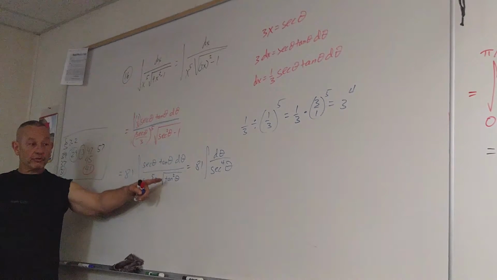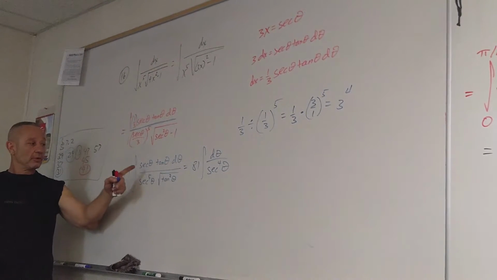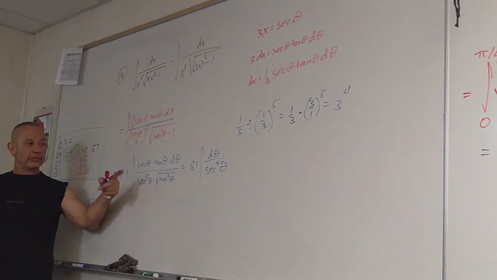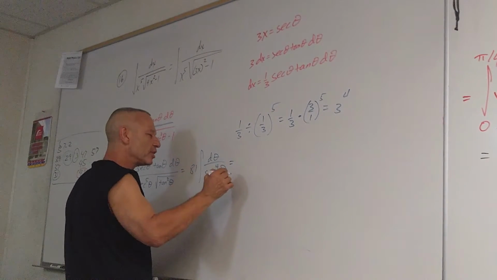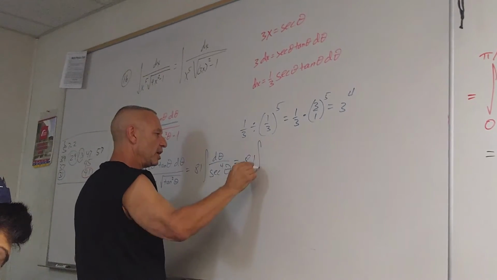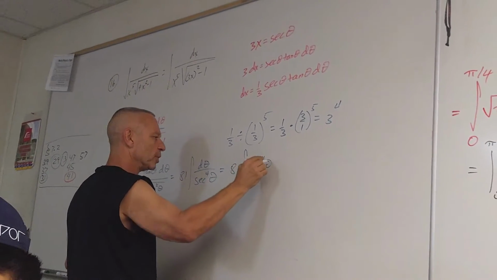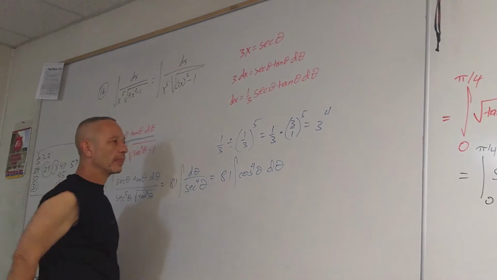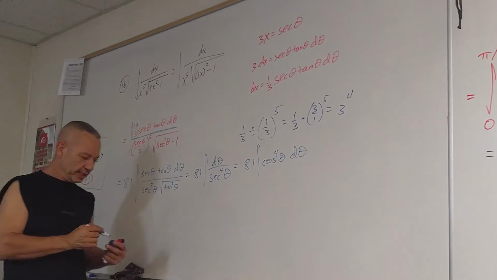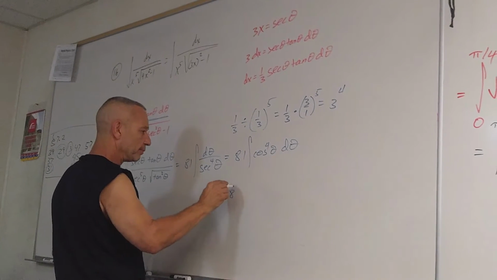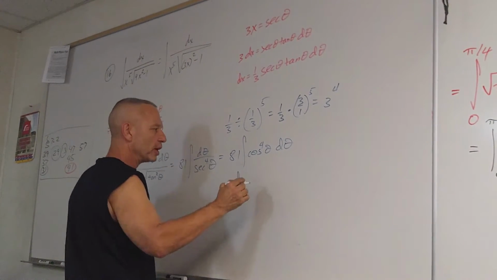After all, the tangents here cancel. Secant to the 1, secant to the 5th, secant to the 4th. Secant to the 4th in the denominator is cosine to the 4th in the numerator. And we know how to solve that, hopefully. That is 81 integrals cosine squared squared.